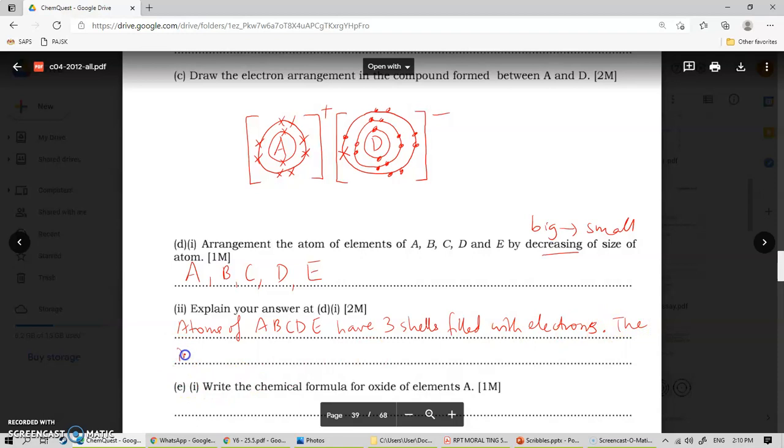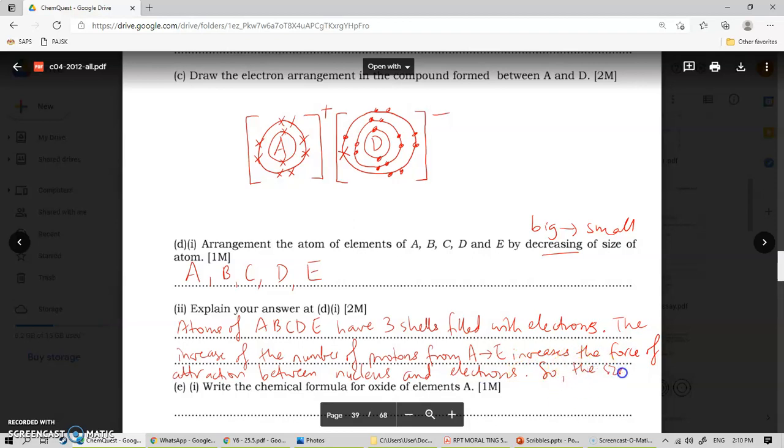The increase of the number of protons from A to E increases the force of attraction between nucleus and electrons. Therefore the size of atoms decreases across period.